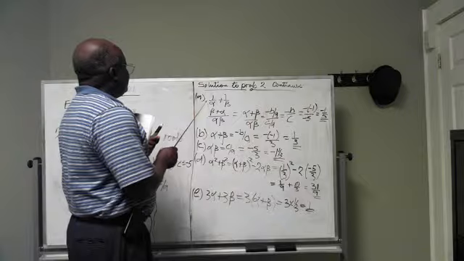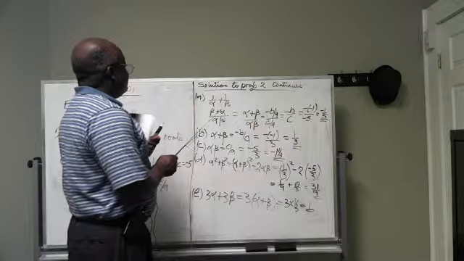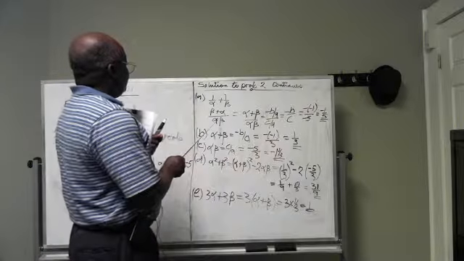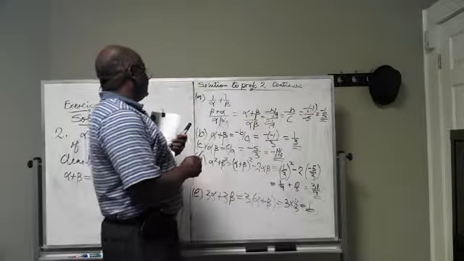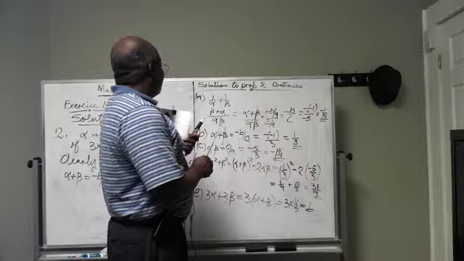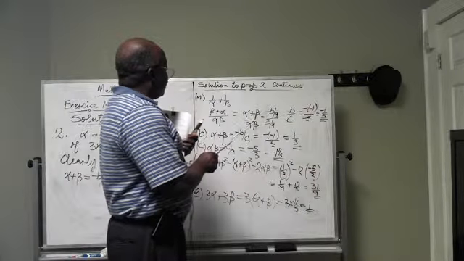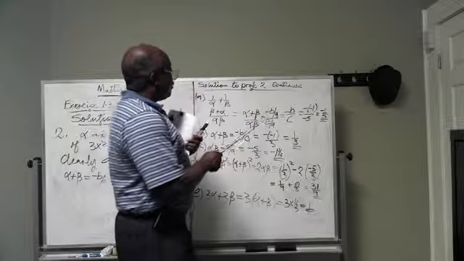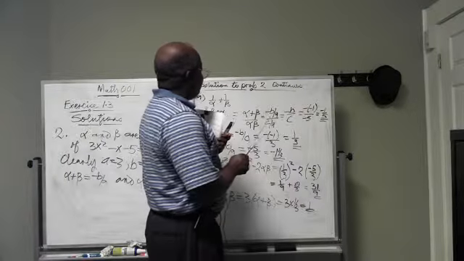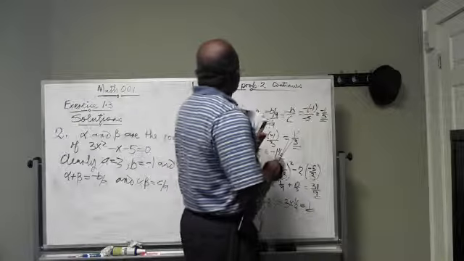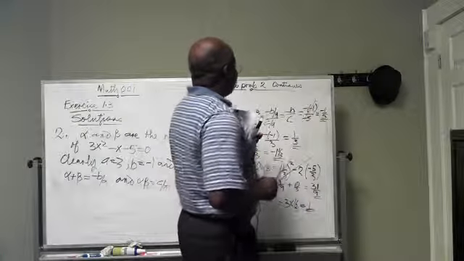Find 1 over alpha plus 1 over beta. You see, this is a fraction with LCM alpha beta. So this results in alpha plus beta over alpha beta, which is equal to minus b over a all over c over a, which is equal to minus b over c. And this yields minus 1 over 5.